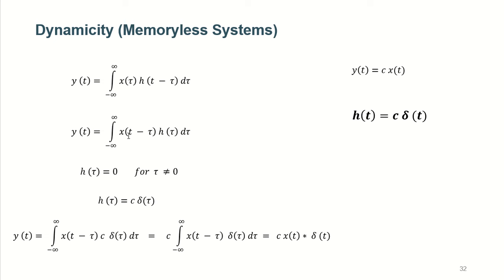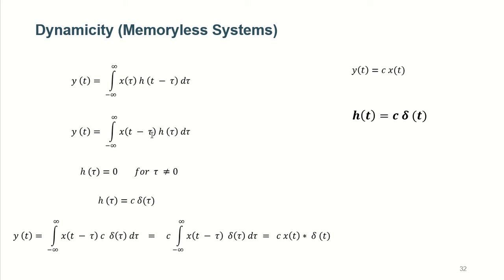Now do you agree with me or not? Let me specify a little bit more. What is happening here is that my present output, y of t, is dependent on x of t. When I say it is dependent on x of t, it means the original signal should not be a past signal.